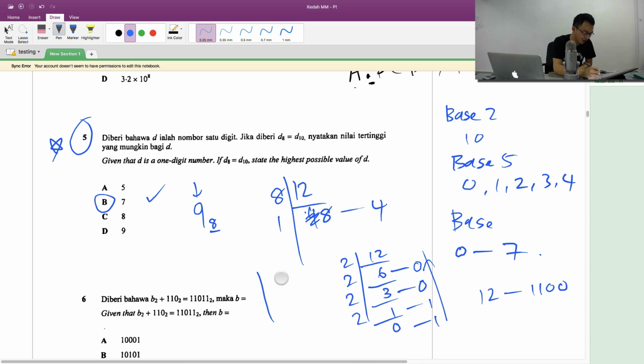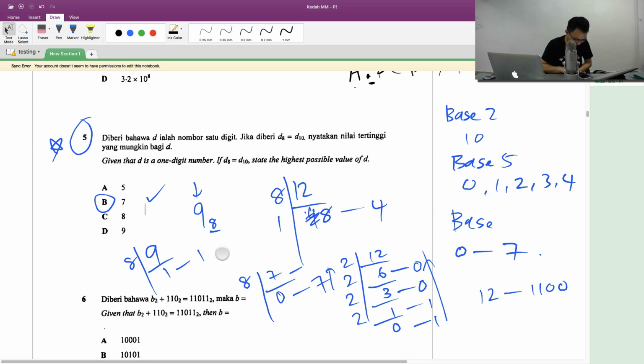So if I choose 7, I divide it by 8. The first thing is this is 0 because 7 cannot be divided, so I get 7. Remainder is 0. It's just 7. If 9 I divide by 8, it can't divide fully, so it will be 1 and remainder is 1.